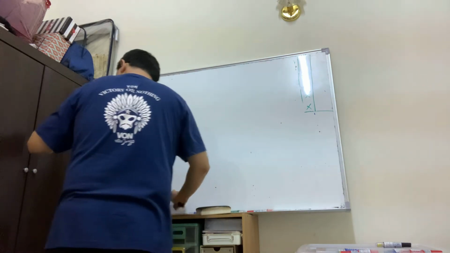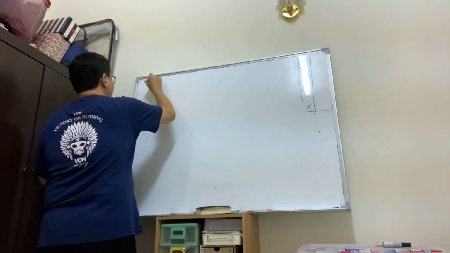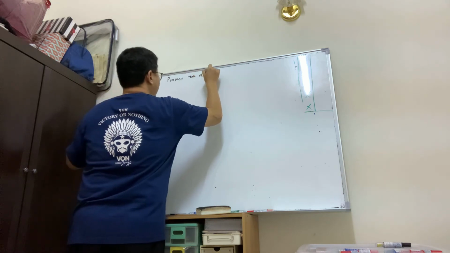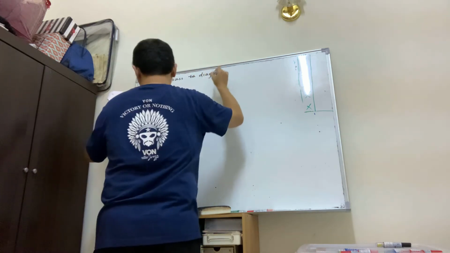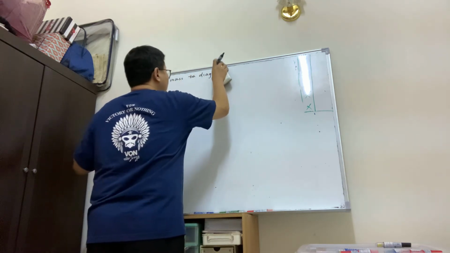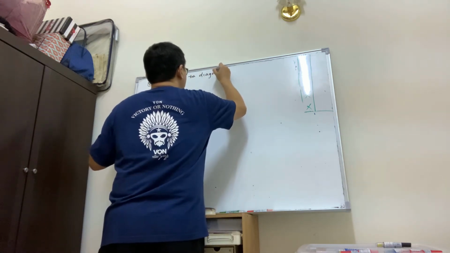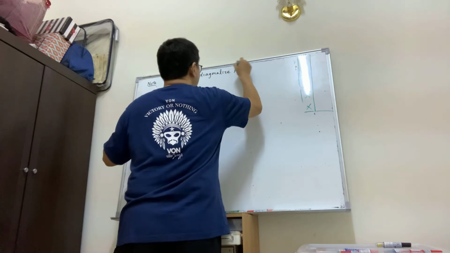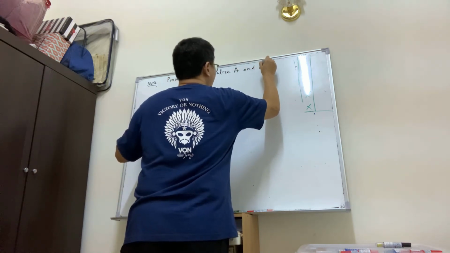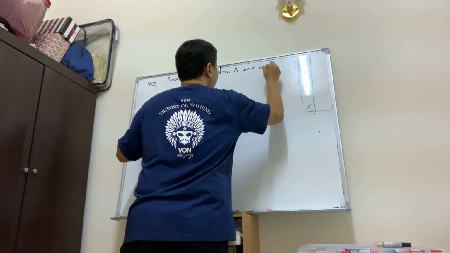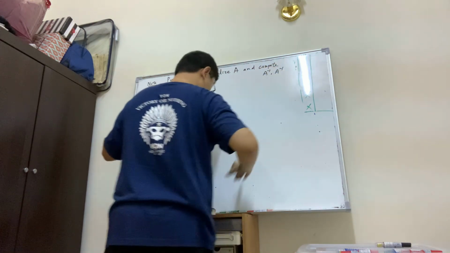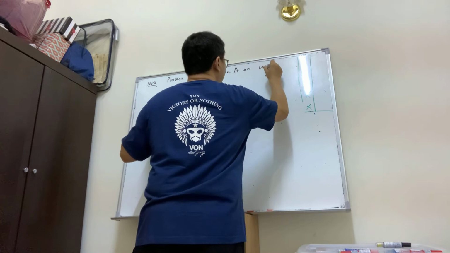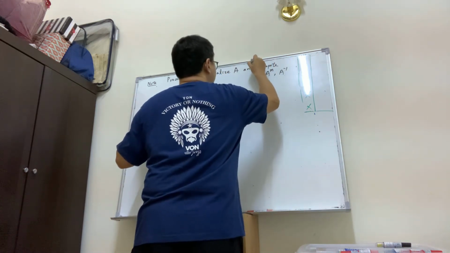Okay, so it's the last example. Before that, let me tell you the note: the process to diagonalize and compute A to the power of n, if A is invertible.